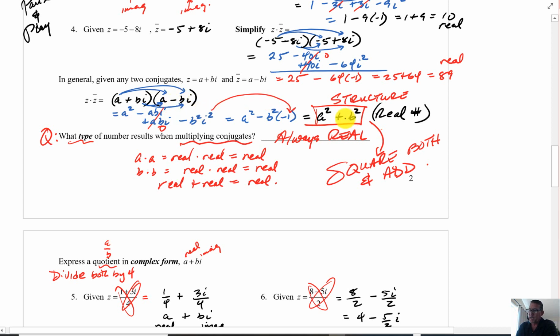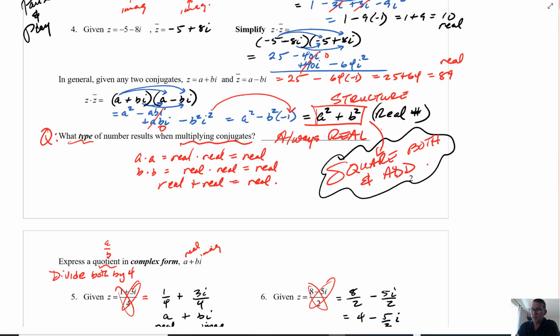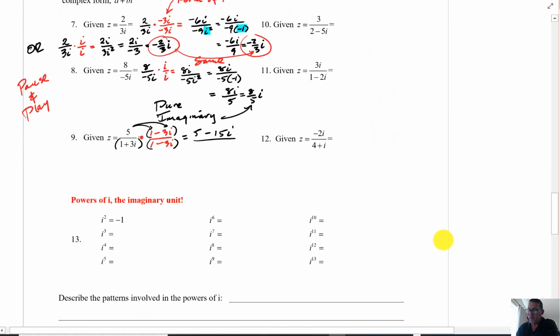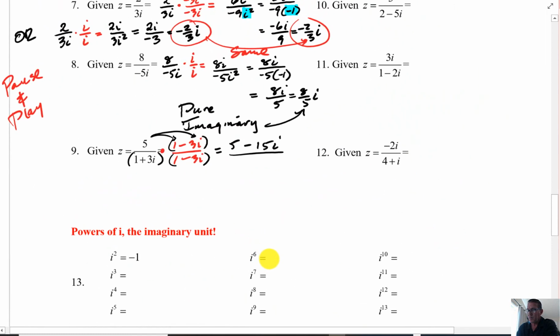You square both and add. That's the fast way, by using structure. It's always equal to a squared plus b squared every single time. And if you can't remember that, then you have to use FOIL every single time.